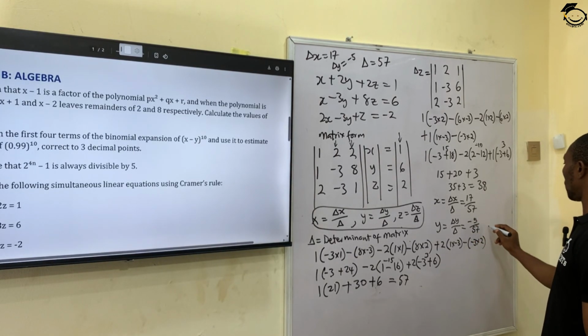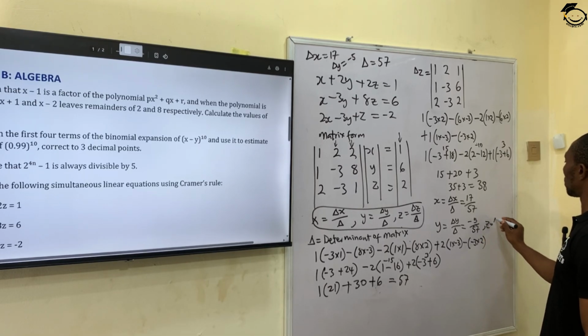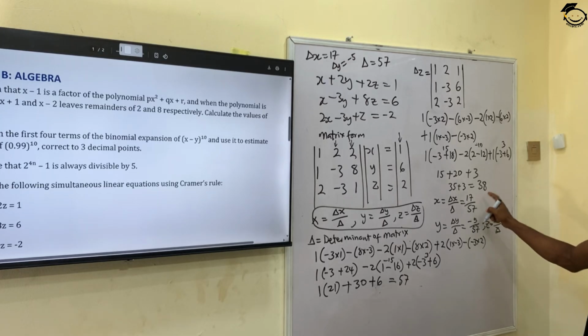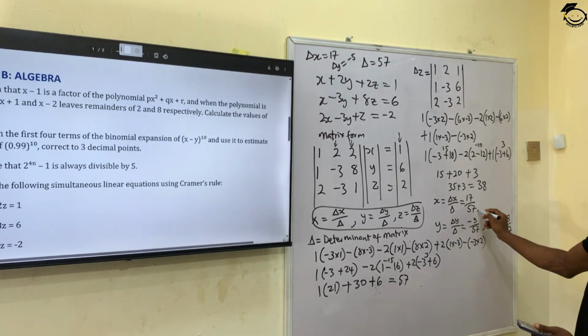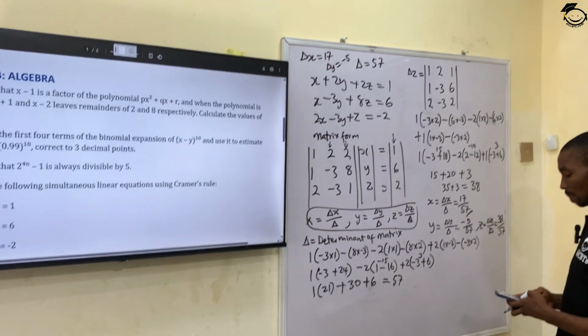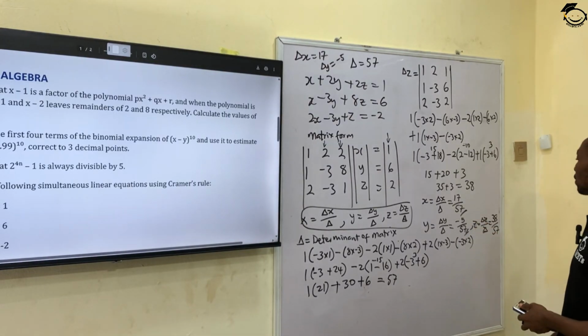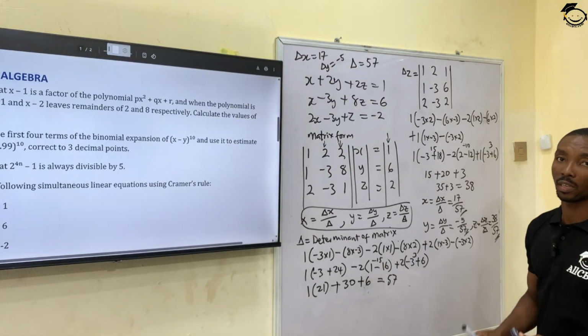And our z equals delta z over delta, which will give us 38 over 57. So our x is 17 over 57, and our y is minus 5 over 57, and our z is 38 over 57.